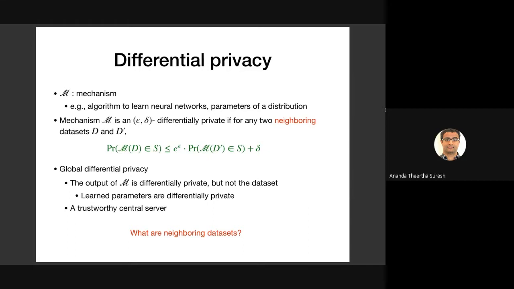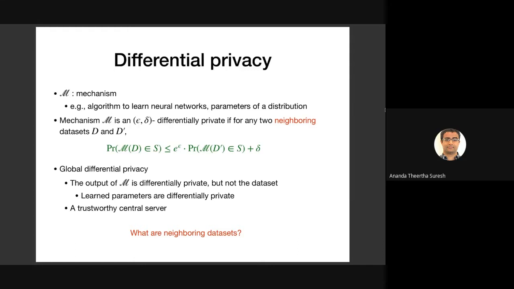I won't go too much into the details of this definition, but I would like to point out that the notion of differential privacy we are studying is called global differential privacy. Here, the goal is to just ensure the output of mechanism M to be differentially private, and it's not to privatize the entire data set itself.